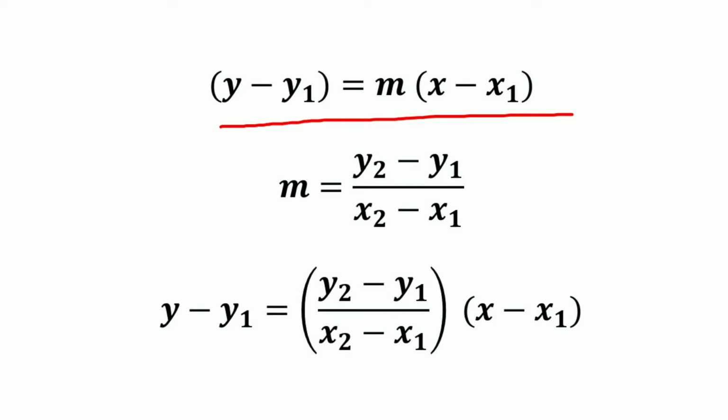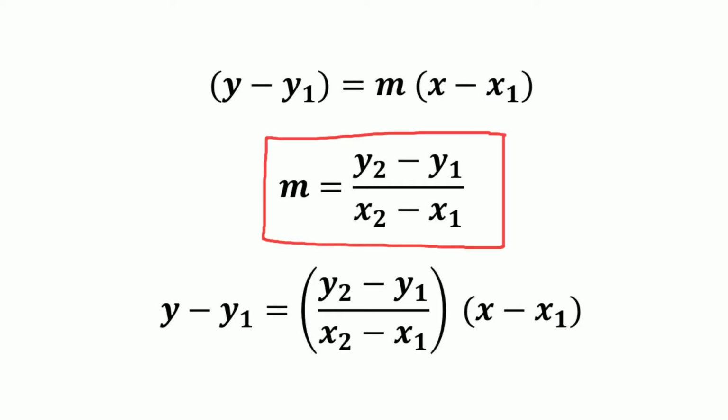So here m is the slope. It is important to recognize that this is the definition of the slope of y equal to a function of x, where y is the dependent variable. For any 2 points on the plane, for example x1, y1 and the second point x2, y2, the slope is found by evaluating m equal to y2 minus y1 divided by x2 minus x1, which is nothing but delta y by delta x, the change in y divided by the change in x.